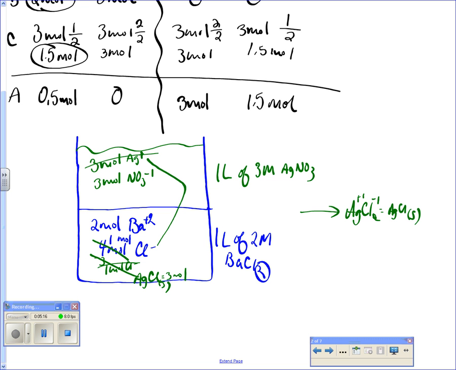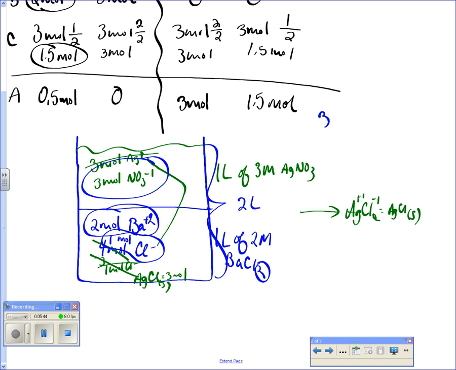But this is the deal. It's asking me for the concentration of everything that's remaining. So what's remaining in my beaker? Oh, 3 moles of NO3, 2 moles of barium ions, 1 mole of chloride ions, and they're all floating in how much water? This total is 2 liters. So now all I have to do to figure out my concentrations is to divide my moles by liters, because molarity.